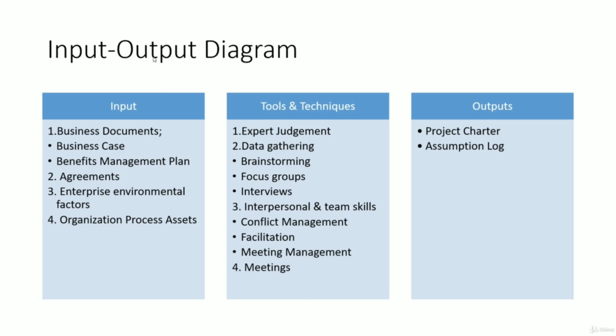These could be templates, or similar documents used for other projects. Of all of that, the business case is vital. Unless there's a business case in the form of a business case document or benefit management plan, you cannot initiate a project charter. So you need to have these things to create a project charter.